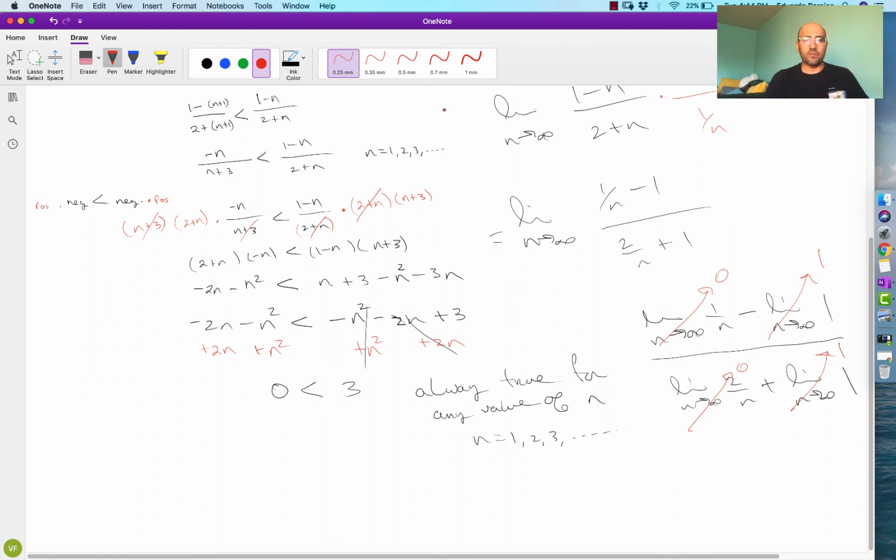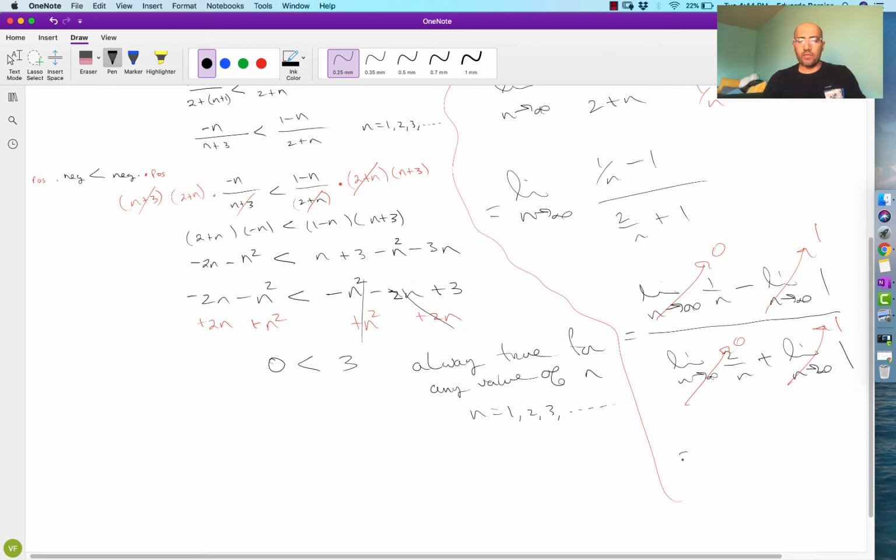Right, so this will be equal to 0 minus 1 over 0 plus 1, which then just becomes -1. Okay, so the limit converges to -1. So it's bounded below. It is decreasing.